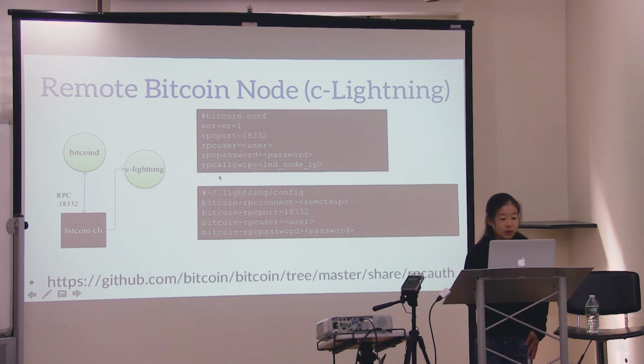That's pretty straightforward. You still need to install Bitcoin Core in order to use a remote Bitcoin node, because C Lightning uses the Bitcoin CLI. But you don't actually have to run the Bitcoin node or download the blockchain on your Lightning node. You just need access to the command line.